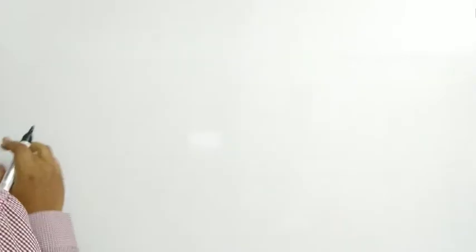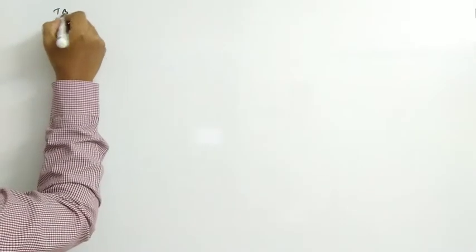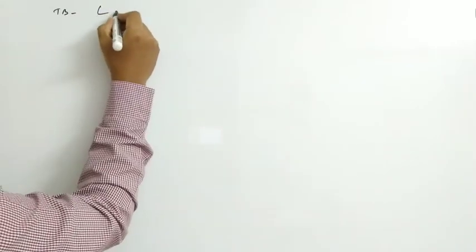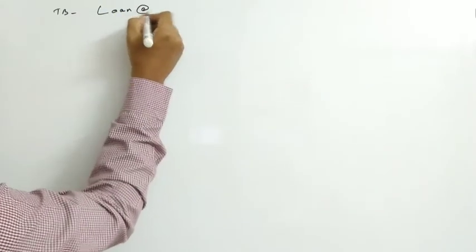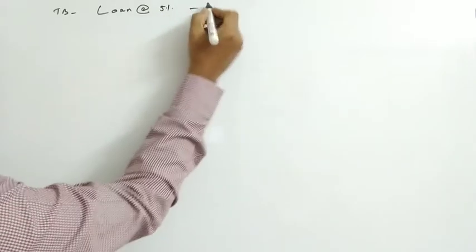Let us discuss with an example in detail. Here we go. In the trial balance, we have the ledger account, that is loan at 5%, that is 2 lakh.